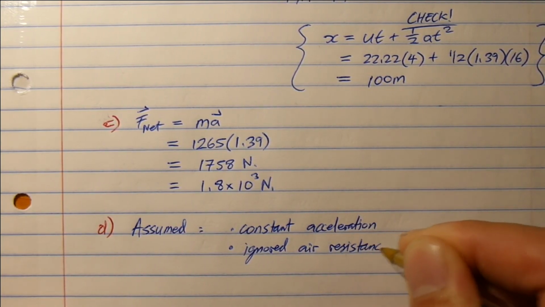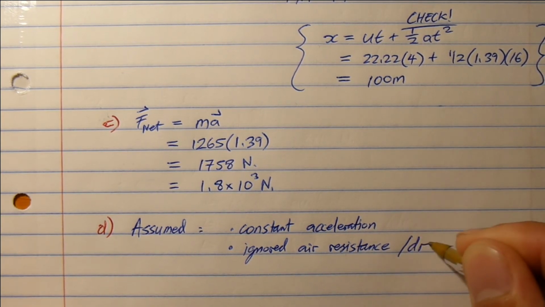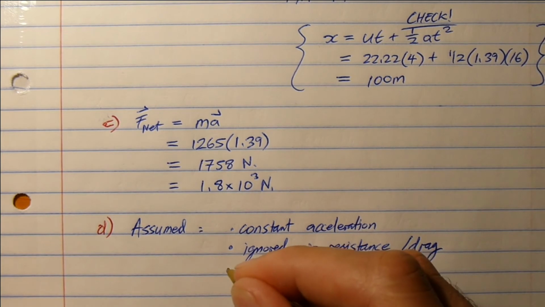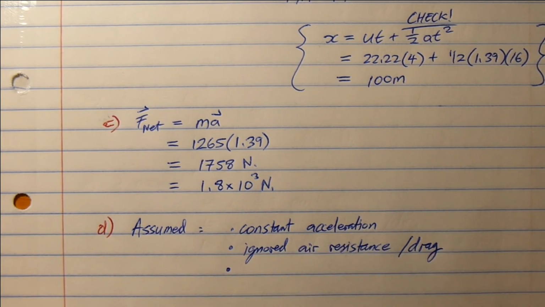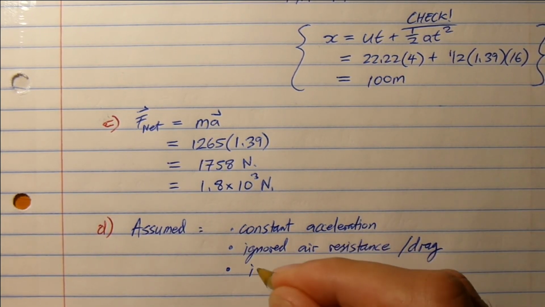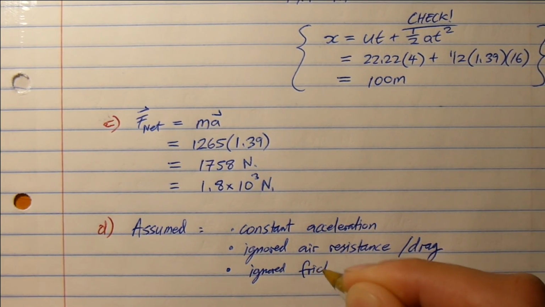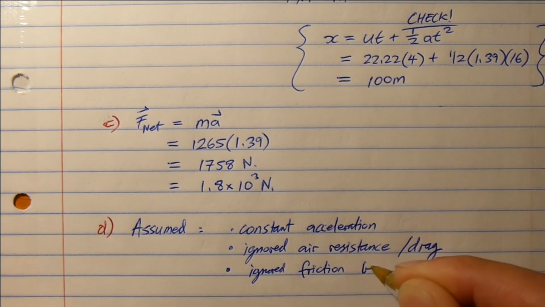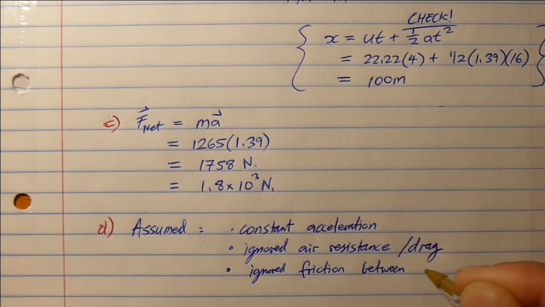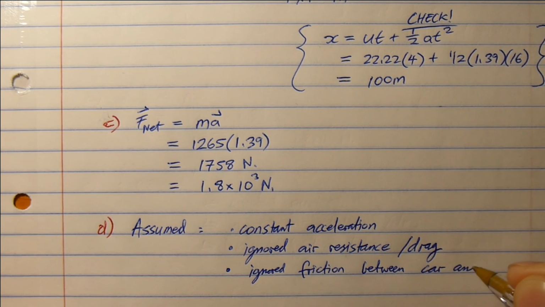Air resistance or any other drag, which practically speaking would come into effect at those high speeds. And we have also ignored friction between car and road.